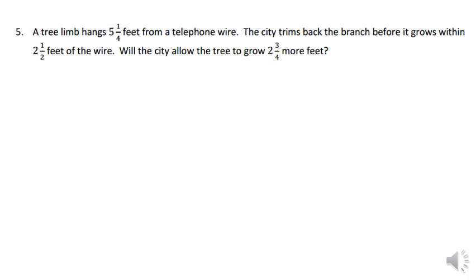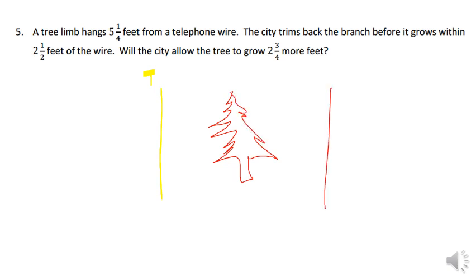So we're going to do a quick little drawing here just to be able to see it. We're going to say that this is our tree. I got a highlighter. Let me change it over to pen. There we go. So we have a tree here.